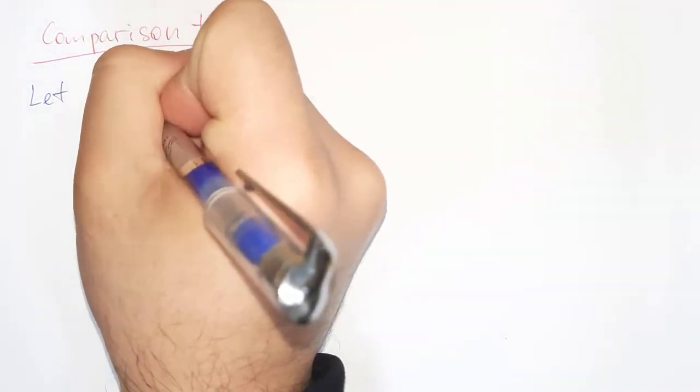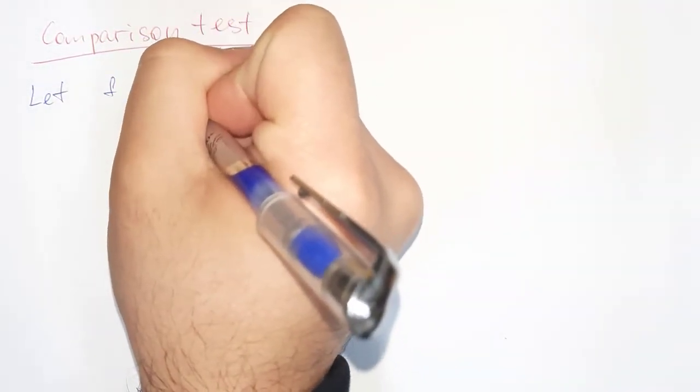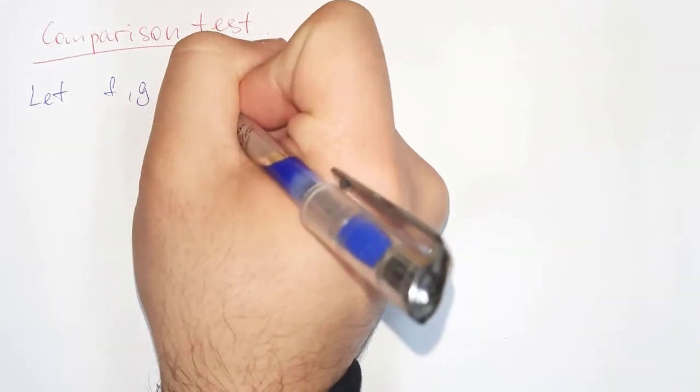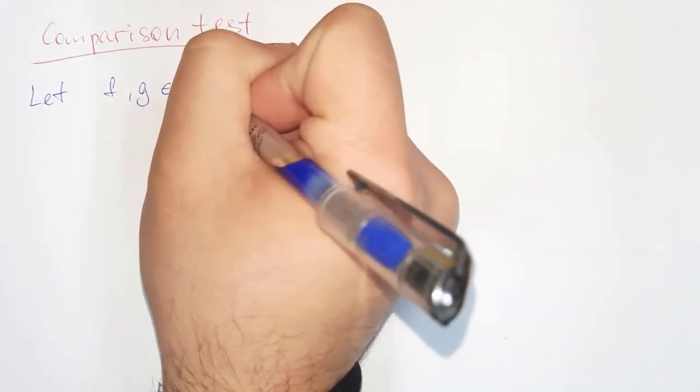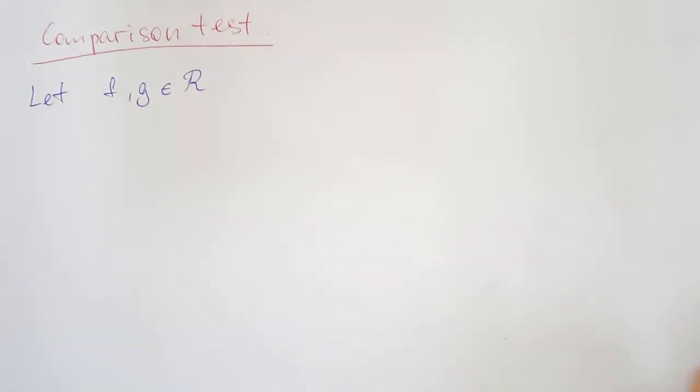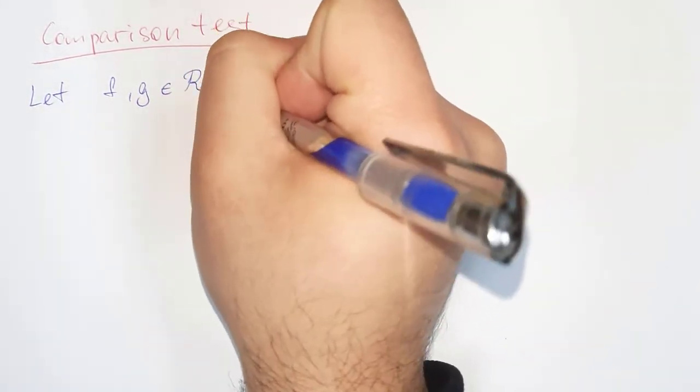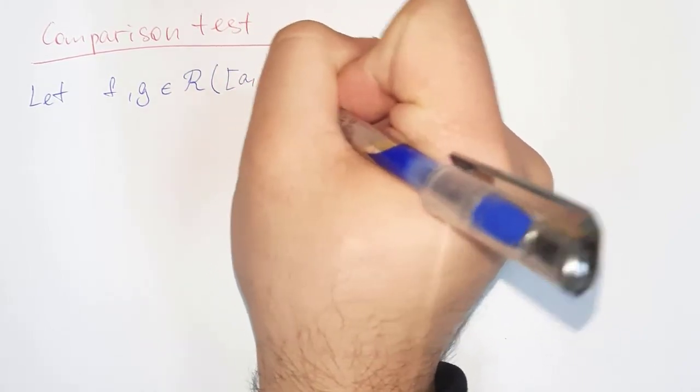And now we'll talk about the comparison test of two improper integrals. Okay, now let's give a theorem about the comparison test. Let f and g be Riemann integrable, we denote integrability as R, on the interval [a, plus infinity).